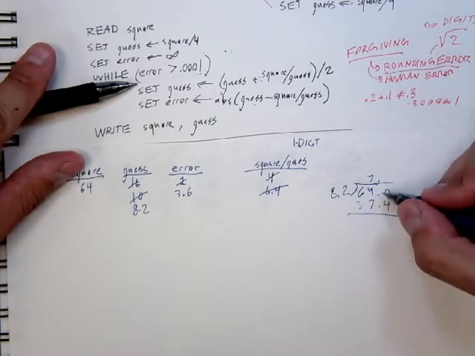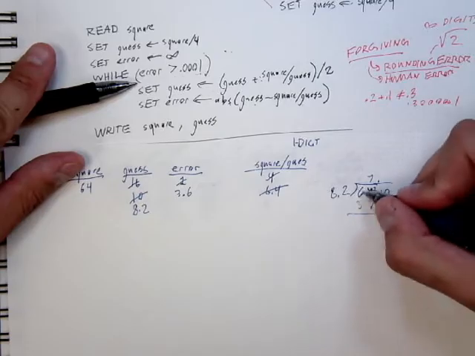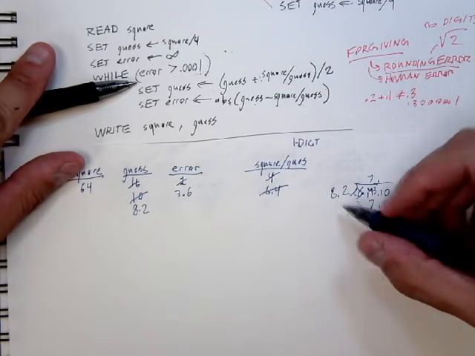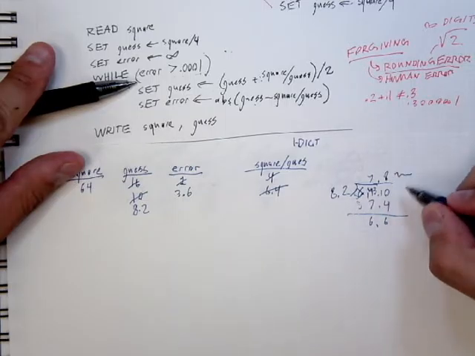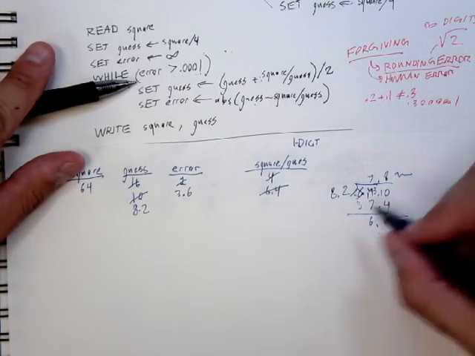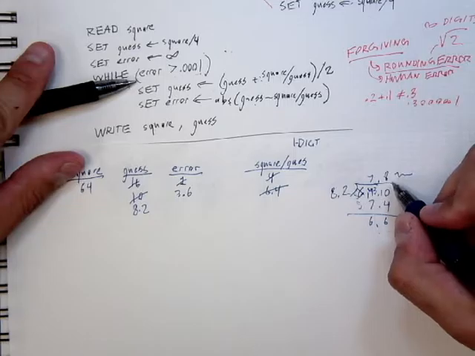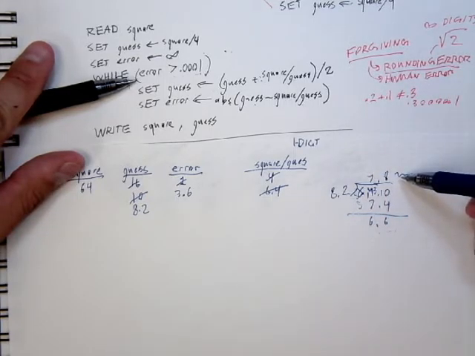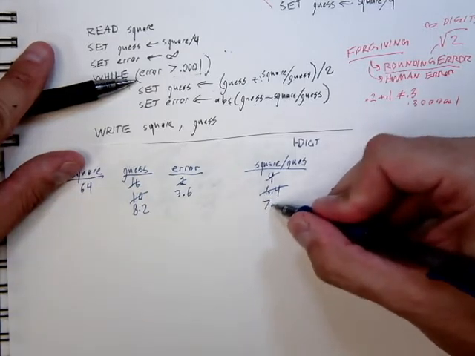There are other digits, I'm sure, but I don't want to keep doing it. I know that it's a 7.8 and change, and the idea is that this is forgiving to rounding errors. This is a rounding error. And I'm just going to say square divided by guess is 7.8 at this point in time.